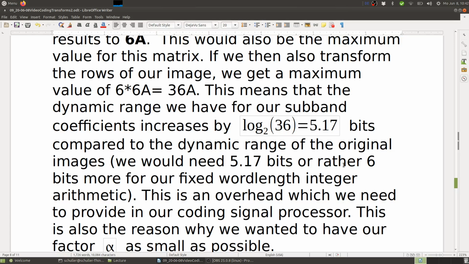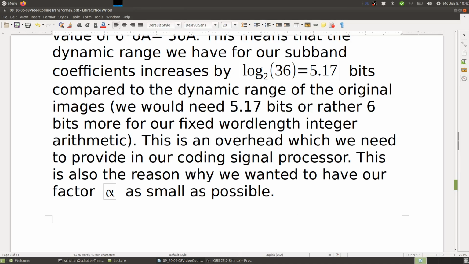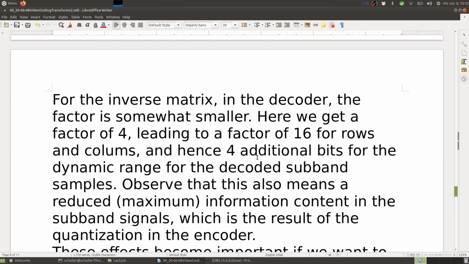Yeah, so rather 6 bits more for fixed word length integer arithmetic. So this is an overhead which we need to provide in our coding signal processor. This is also a reason why we wanted to have our factor alpha as small as possible, to limit this factor here. For the inverse matrix in the decoder, the factor is somewhat smaller.